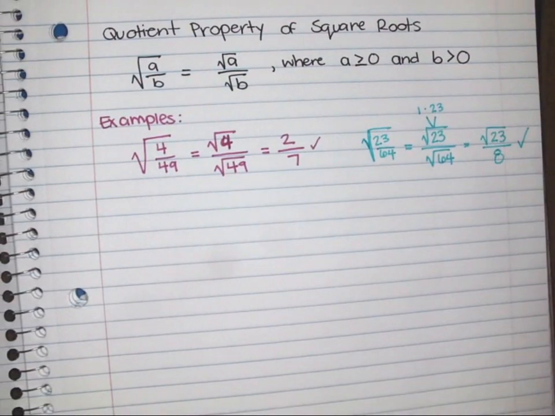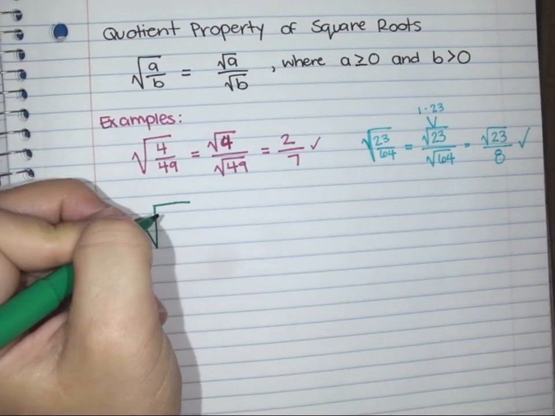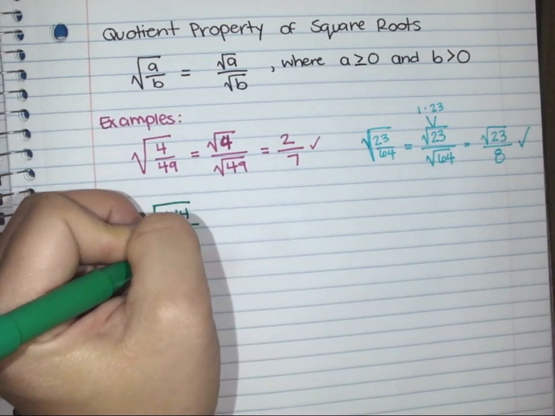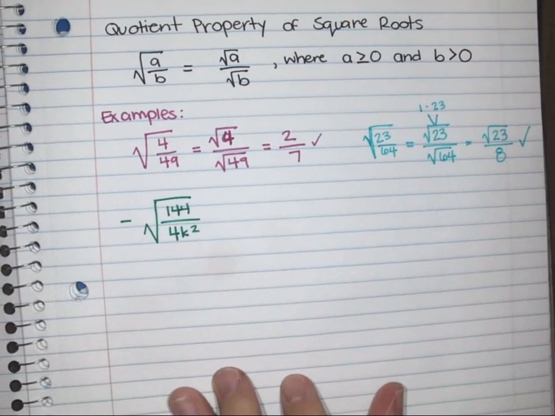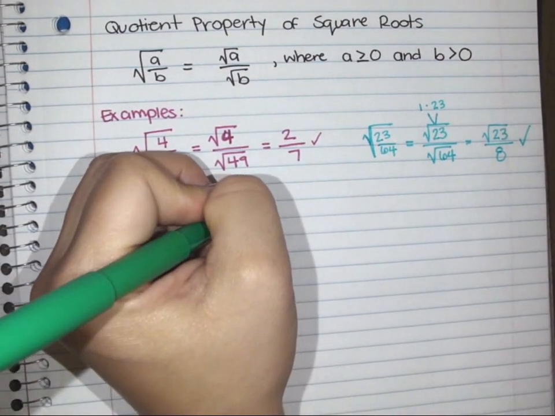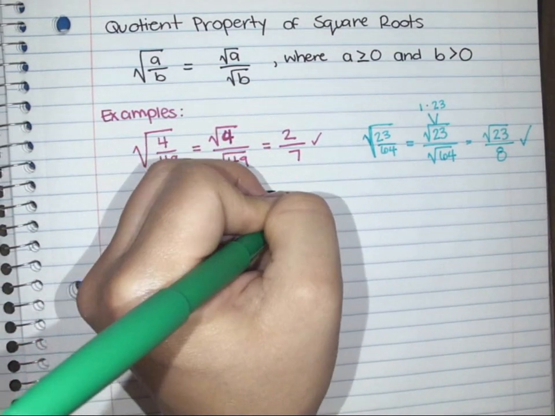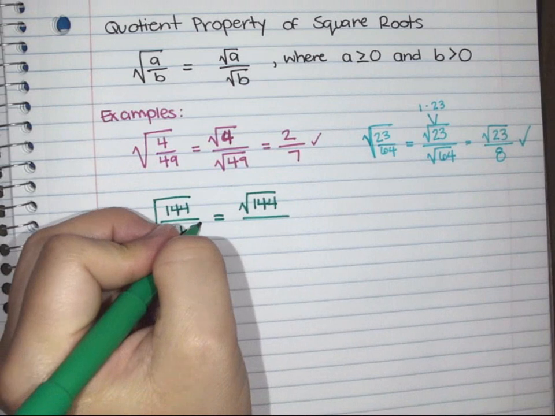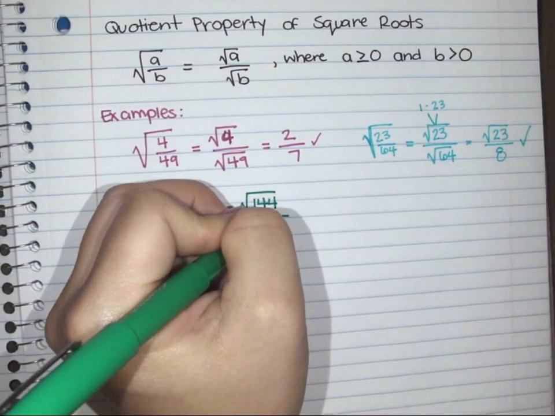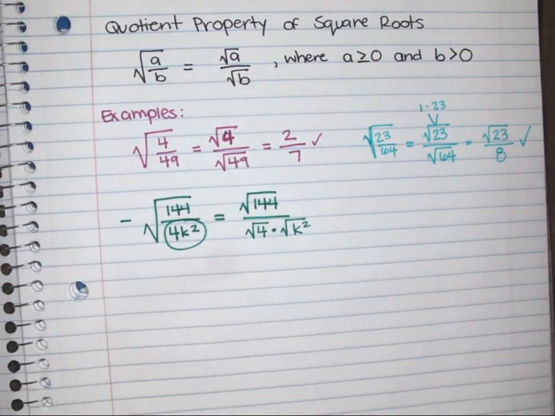I'll show you a couple more examples. Let's say I have negative square root of 144 over 4k squared. So I'm going to use both the quotient and product properties for this one. First, I'll separate my numerator and denominator, and I'm going to separate my denominator into its two factors, the square root of 4 times the square root of k squared.